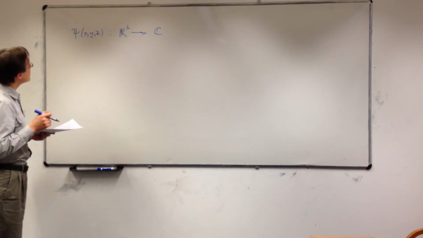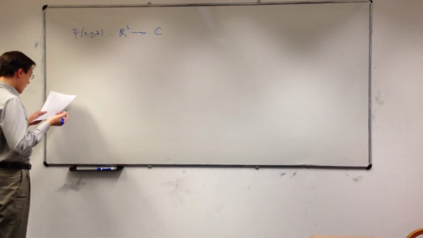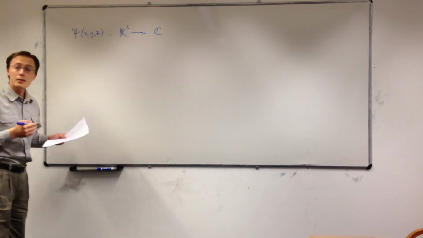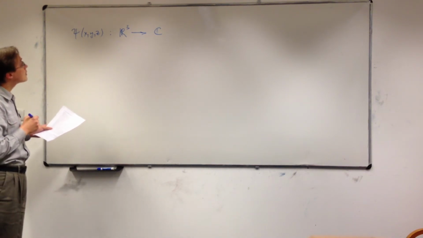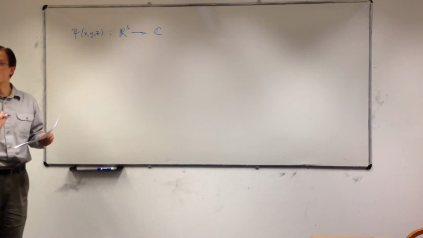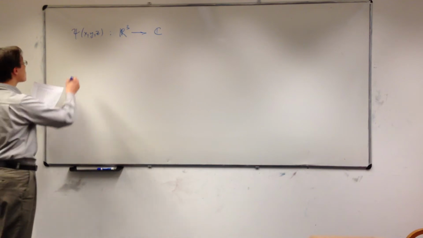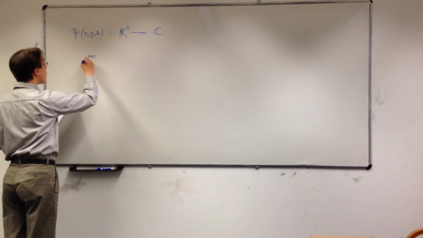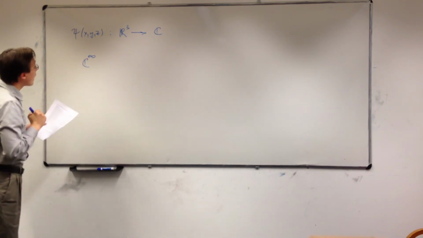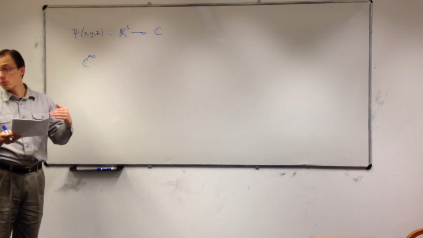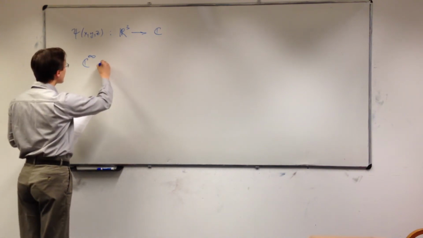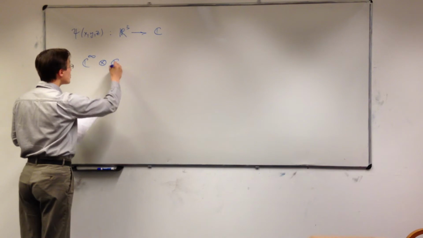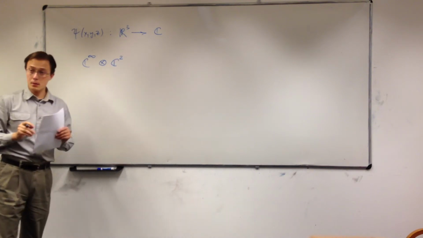And so what Pauli did was to say, well, okay, we have this C infinity, the space of all complex functions, and let's just cross it with a C2.